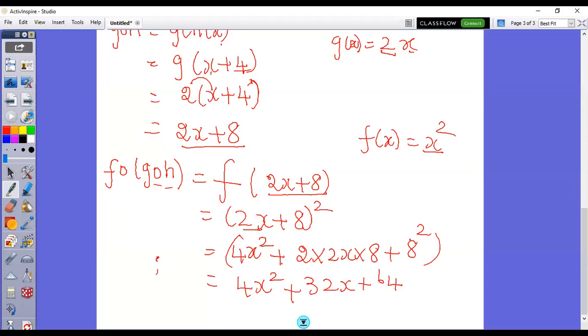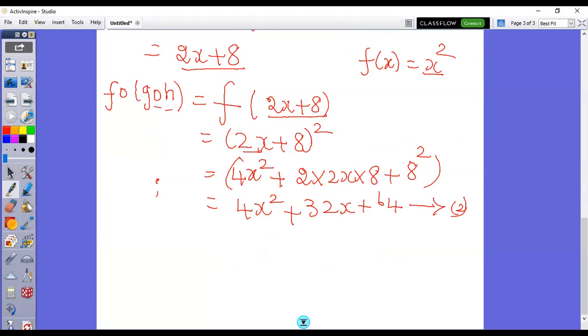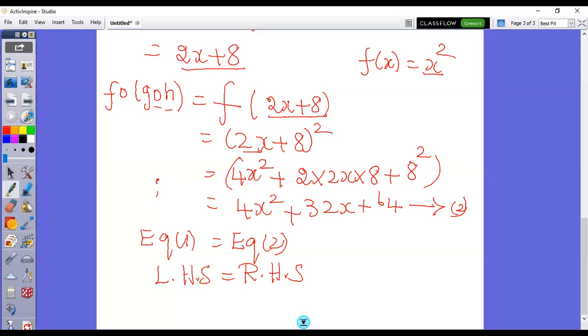This is the second equation, same as the first equation: 4x square plus 32x plus 64. So equation 1 equal to equation 2. So LHS equal to RHS. Hence verified.